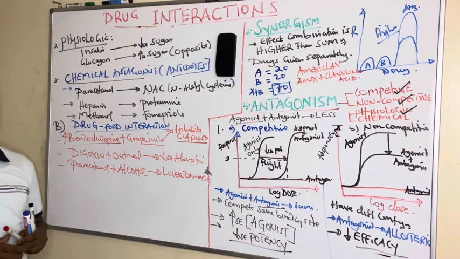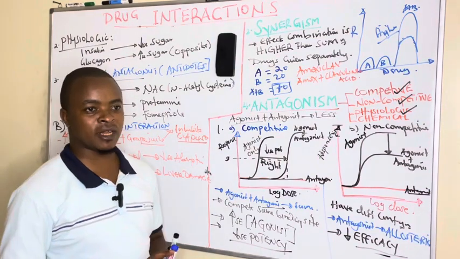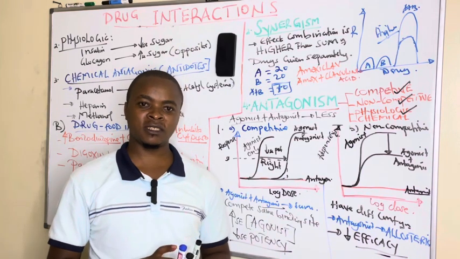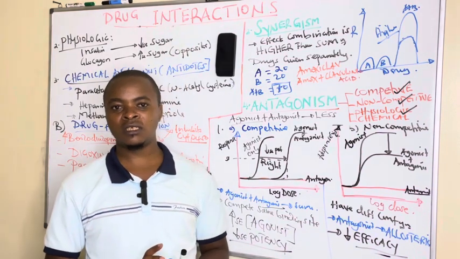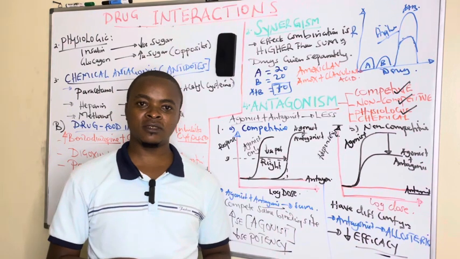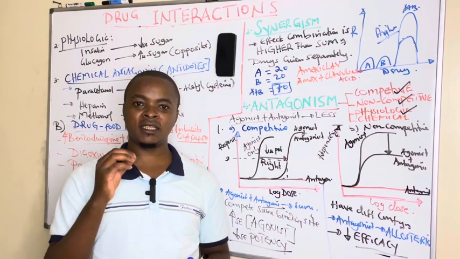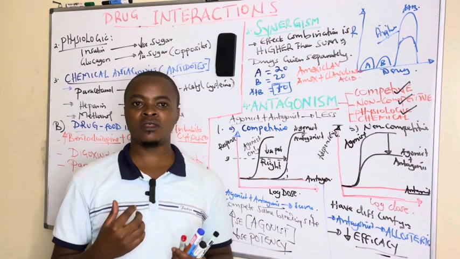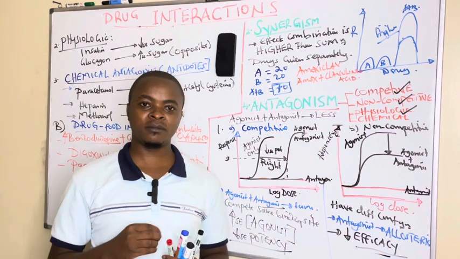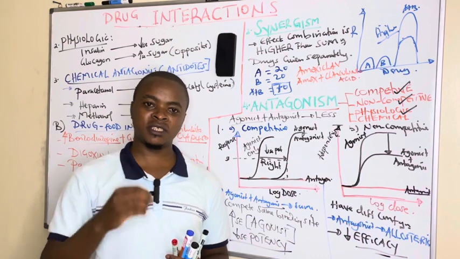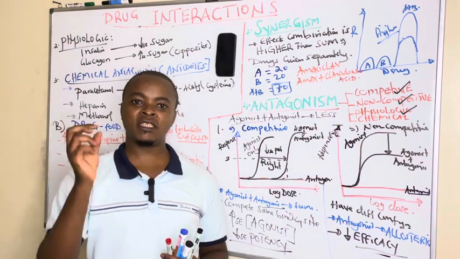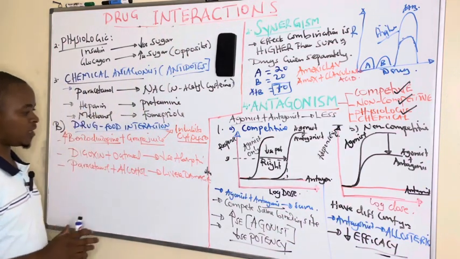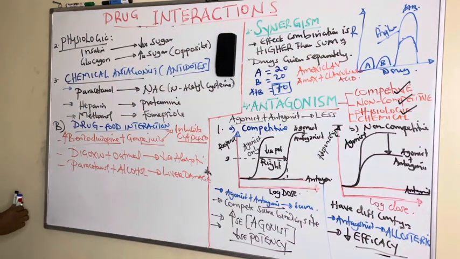And we normally see it when you combine drugs like cephalosporins, such as ceftriaxone, with milk: milk decreases its absorption. But when you take milk with an anti-malarial drug like coartem, we see milk increasing the absorption of coartem, but it decreases absorption of cephalosporins. That is what we call drug-food interaction.